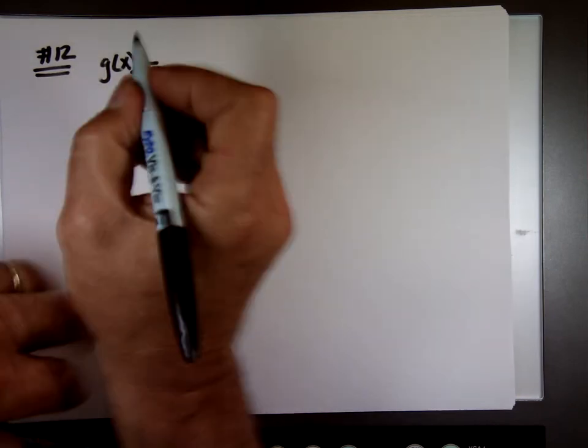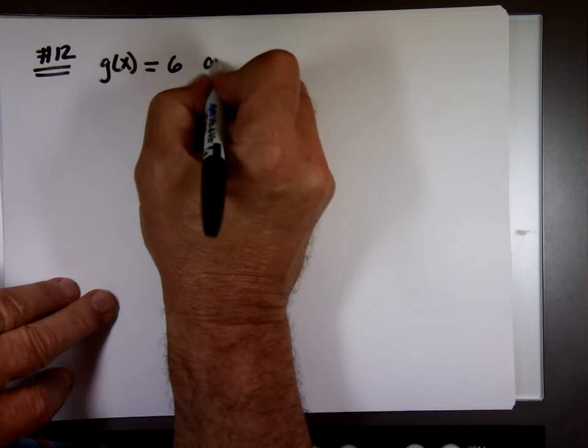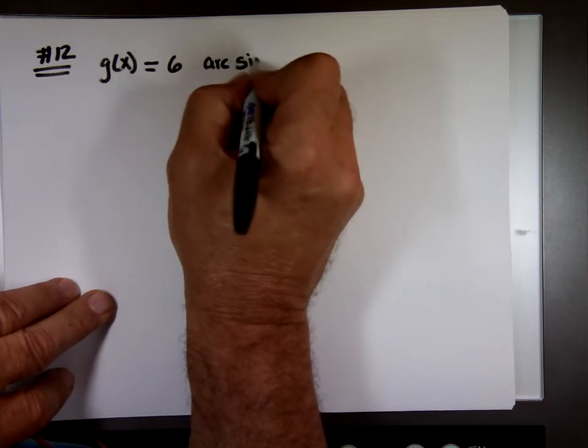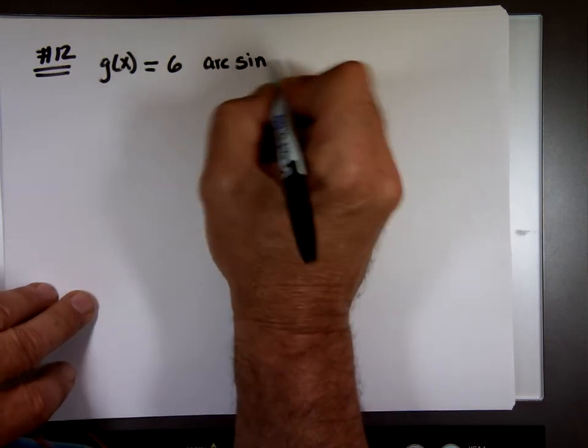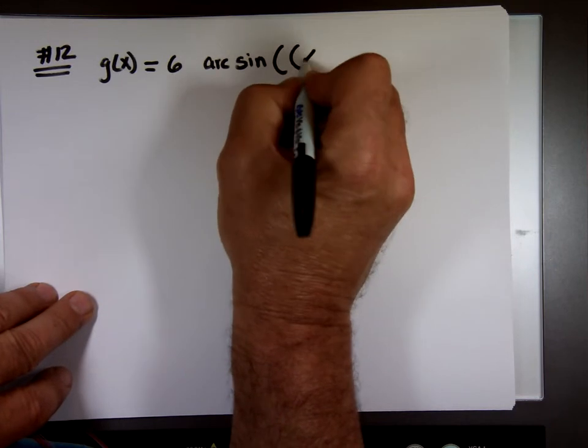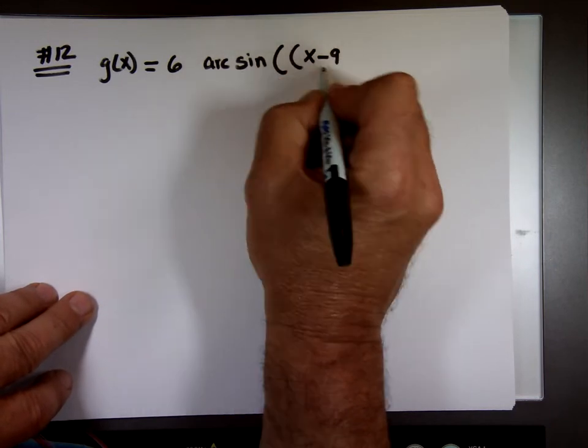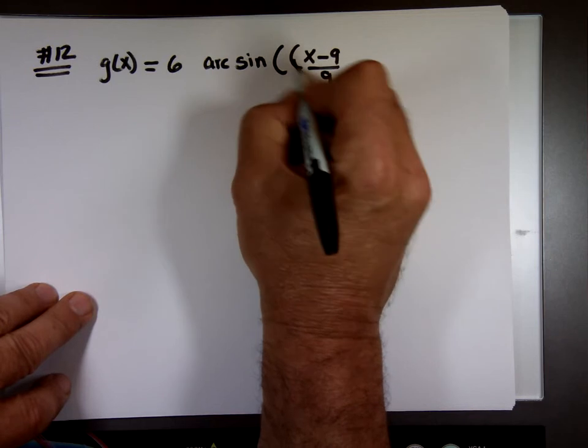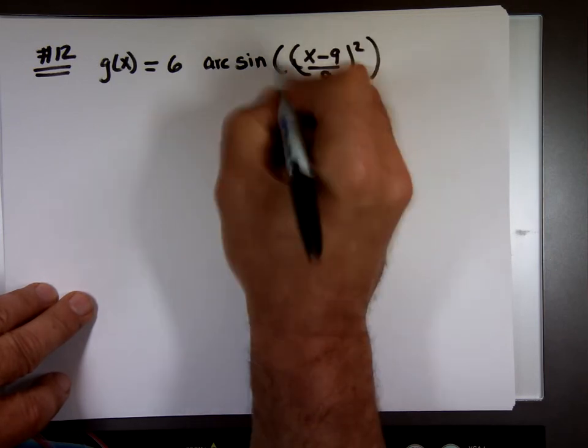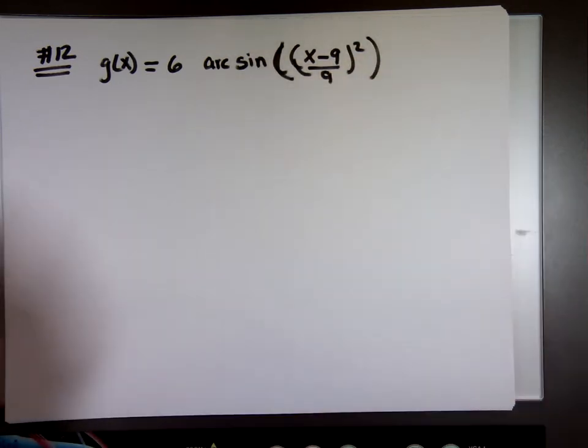Arc sine, x minus 9 over 9 squared. This is u. When you're doing the arc sine, this is really u.